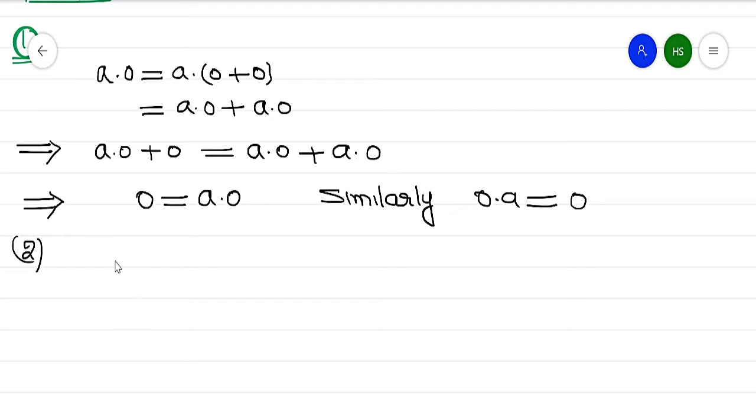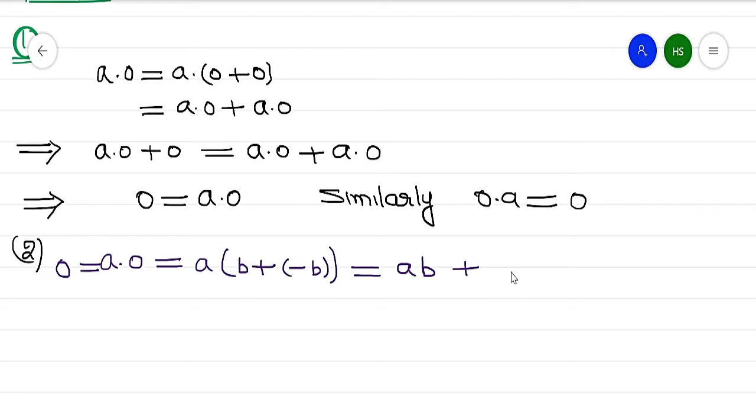Now from the first result, a into 0, 0 can be written as b plus minus b, so a into (b plus minus b). By the given property, this value is equal to 0. So by the distributive property, this can be written as ab plus a into minus b, and this value is equal to 0.